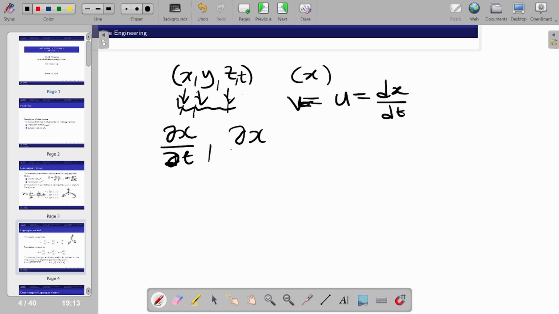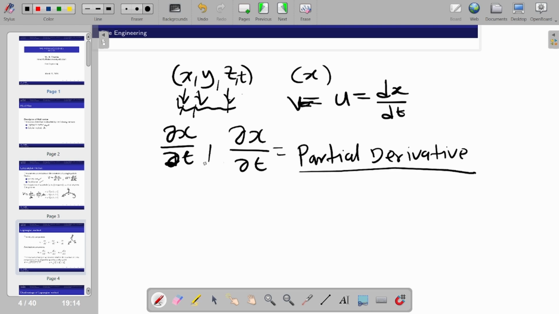This is what we call partial change, or in other words, the partial derivative. So the change along the x-axis is given by, let's say, the velocity u, the partial change of x with respect to time.